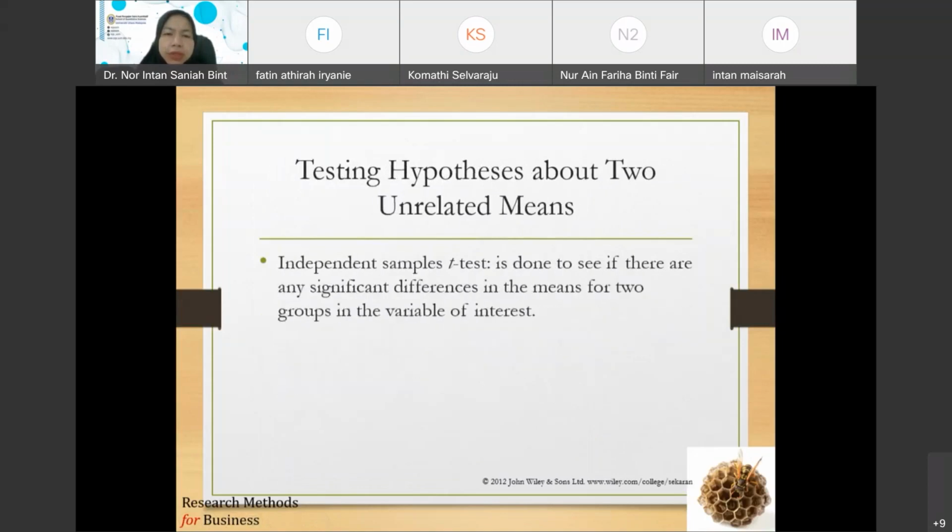Okay, so McNemar, so dependent sample is done to see if there are any significant differences in the means for two groups in the variable of interest, about two unrelated means. Mana dia dependent. Okay, when we see the word independent, mana dia tak berkait.